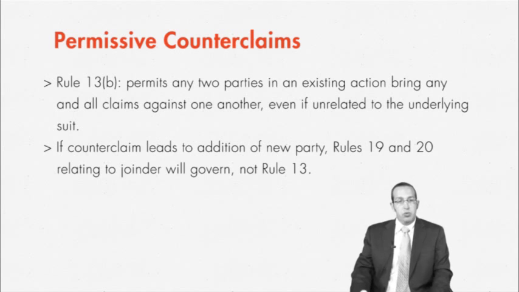Rather, you start with Rule 19, deciding whether or not to allow this counterclaim or cross-claim to go forward. Figure out whether the third party is indispensable to the litigation. Chances are he isn't. You then move to Rule 20, figure out if the rules of permissive joinder allow this party into the case. If they do not, the cross-claim or counterclaim isn't going anywhere, even if 13a or b seems to allow it or maybe even compel it.